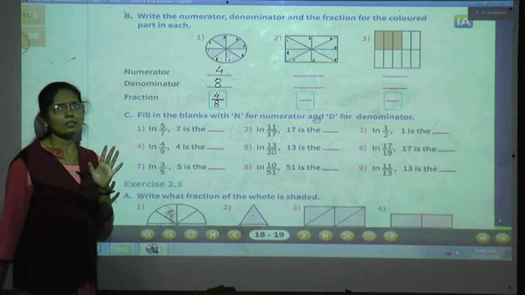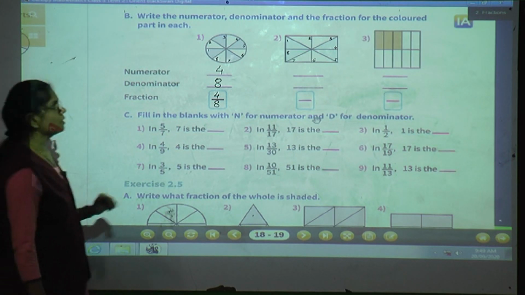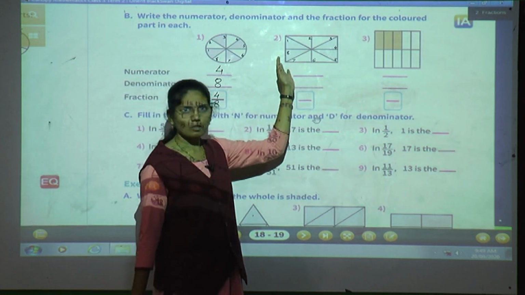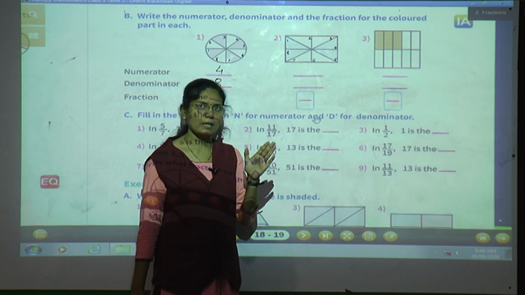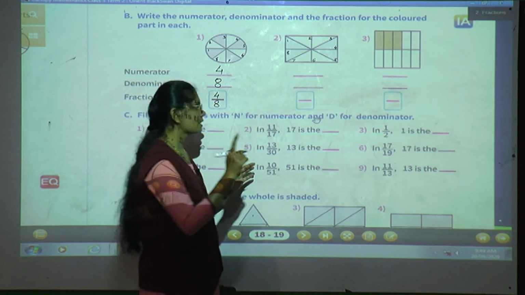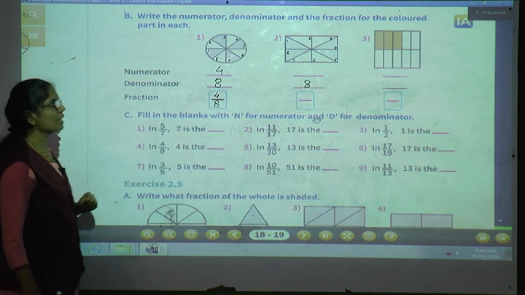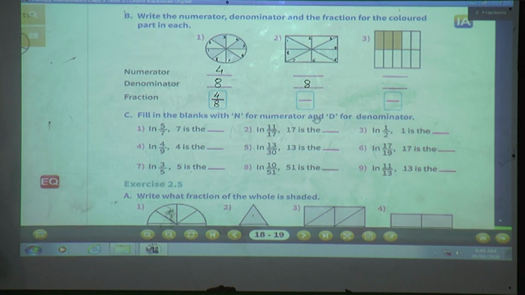Denominator is nothing but the total number of parts in which the whole is divided. So here the denominator is 8.